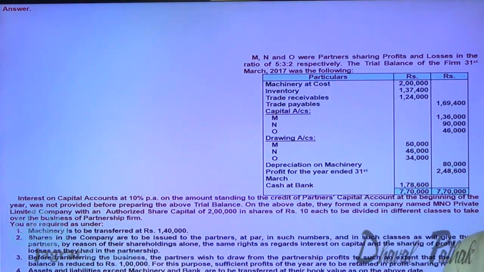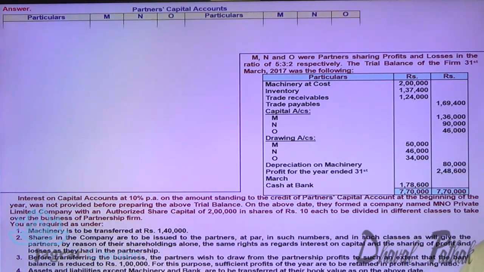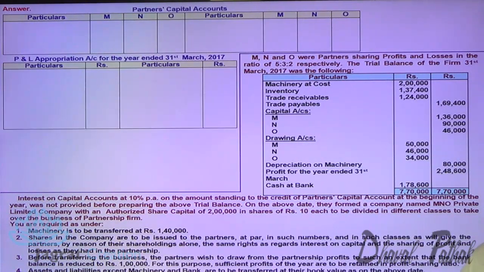So this is the details of the sum which I have once again brought on the screen, because while solving the sum, I am going to have a reference to the contents of the sum. As I told you, first I will prepare capital accounts, profit and loss appropriation account.